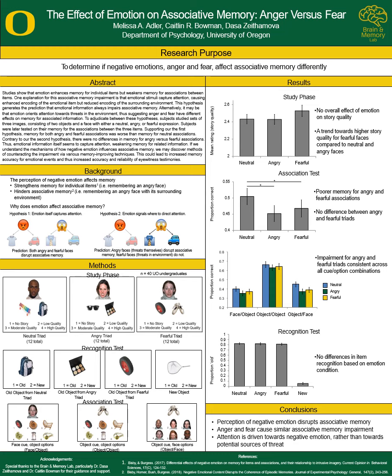My first hypothesis is that associative memory is impaired by the presence of negative emotion in general. One explanation for this is that emotional stimuli capture a person's attention, which causes the surrounding environment to be ignored. In this case, both angry and fearful stimuli would elicit a deficit in the formation of associative memory.